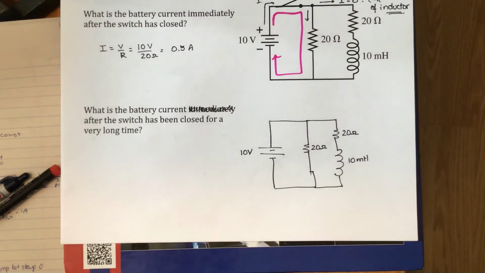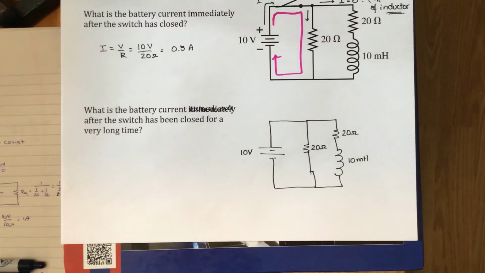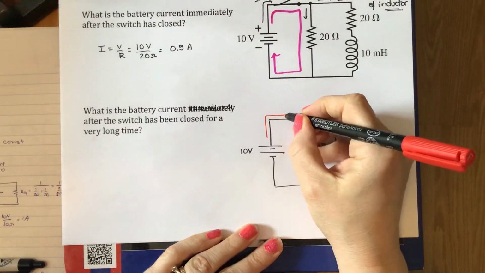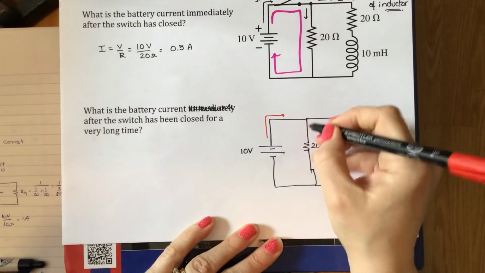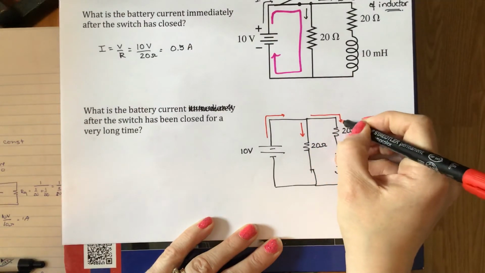Now let's ask what's happening this time. The switch has been closed for a long time. We've reached a steady state, so the current is whatever it's going to be. Current flows out of the battery, it hits a junction right here, it can come down through here, and it can come down through here.